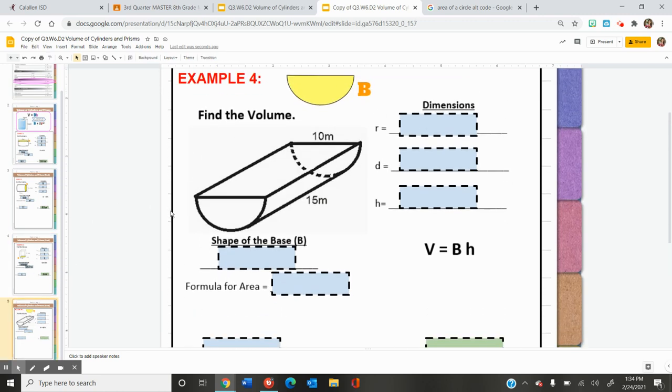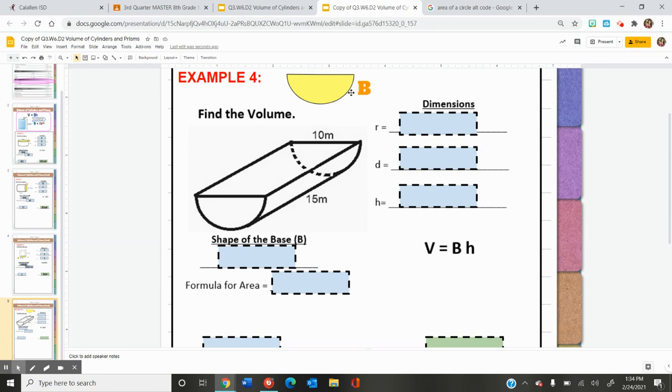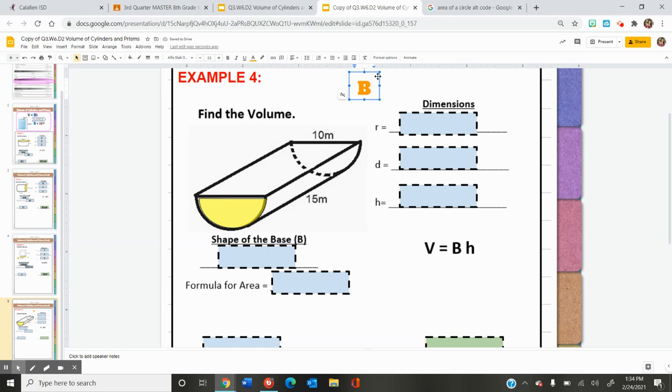And here, for example 4, we have a cylinder, but we're going to cut it in half. So our base shape is going to be this semicircle here. That's going to be big B. Here on this side, it tells us that the distance across the circle is 10 meters.